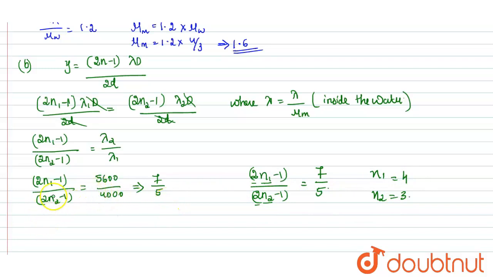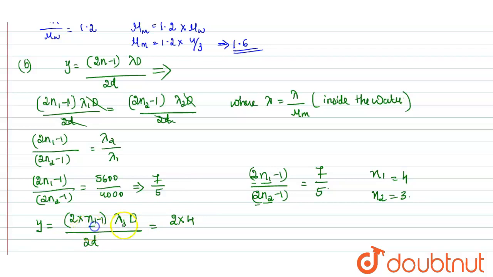So y is equal to, in this equation we are going to substitute the values. y is equal to 2 into n1, I am considering n1 here, minus 1 into lambda 1 D divided by 2d, that is 2 into 4, minus 1. Any value you can consider, either n1 or n2.